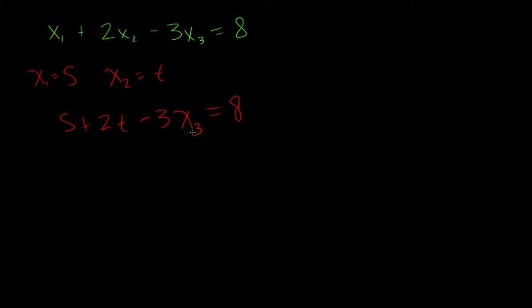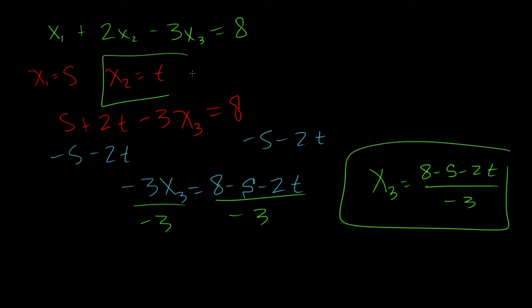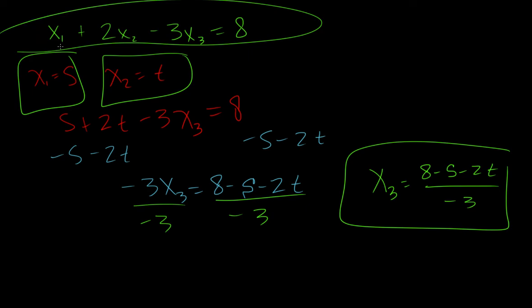If we solve for x3, we subtract s, subtract 2t, and then divide by -3, and x3 would be equal to 8 minus s minus 2t over -3. So this would be writing the original equation in parametric form.